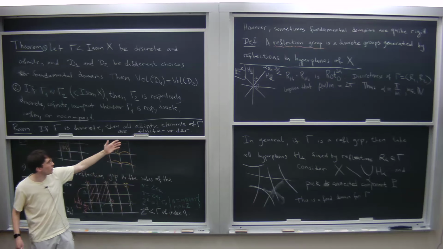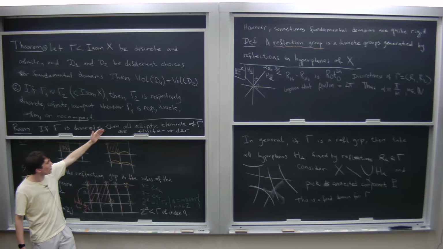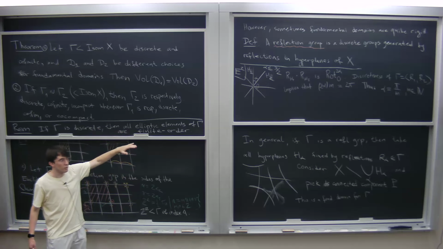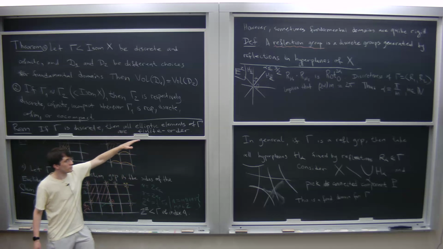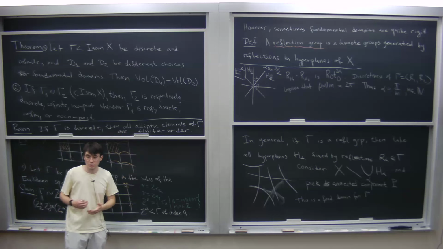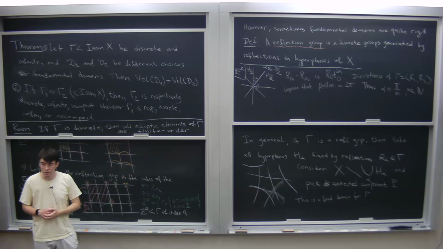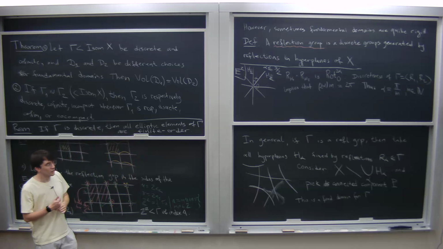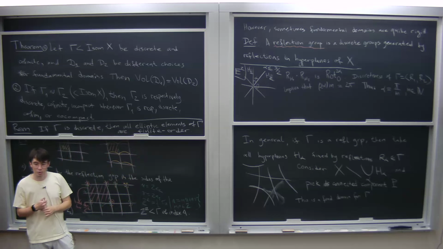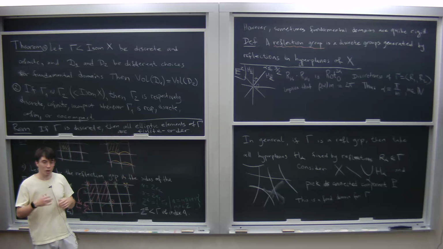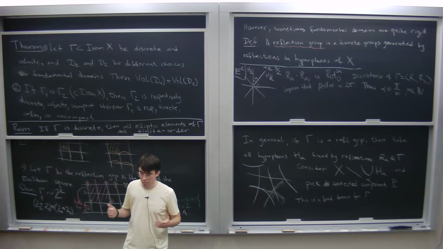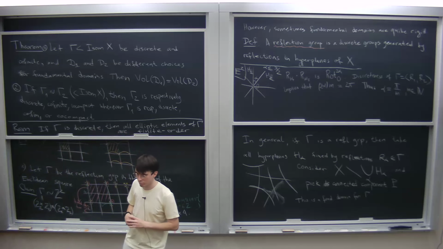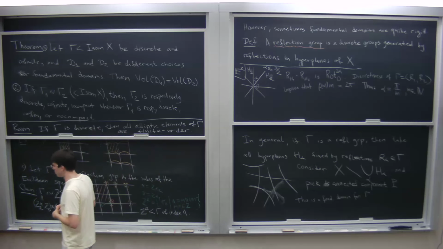An elliptic isometry fixes some point x, which means that it belongs to gamma sub x. But gamma sub x is finite. So my isometry f belongs to some finite subgroup, and this implies that the order of any elliptic element is finite.